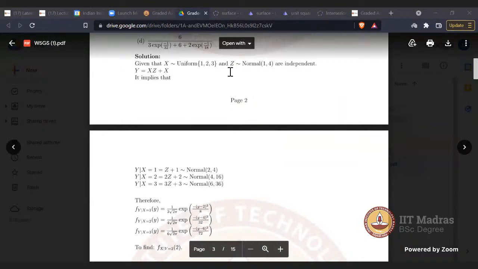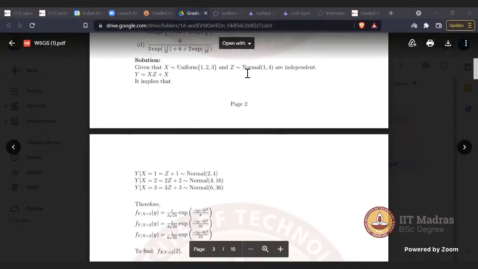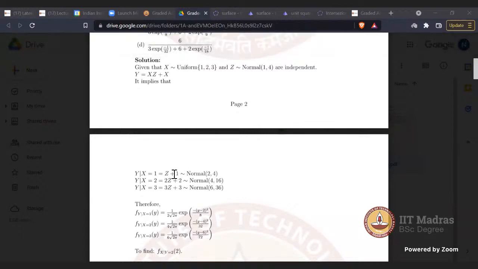If I fix my x as 2, then the distribution of y given x is going to be 2z plus 2. If I fix my x as 3, then y given x is going to be 3z plus 3, right? So if we know that z is normal with parameters 1 comma 4, can we find the distribution of z plus 1?